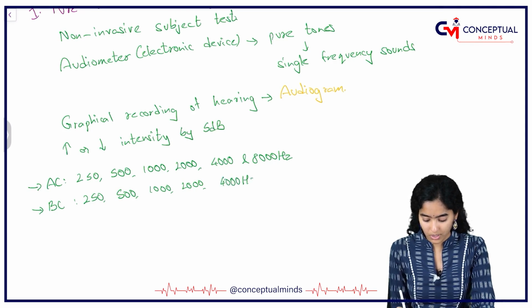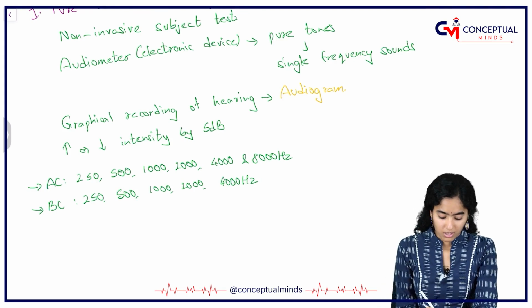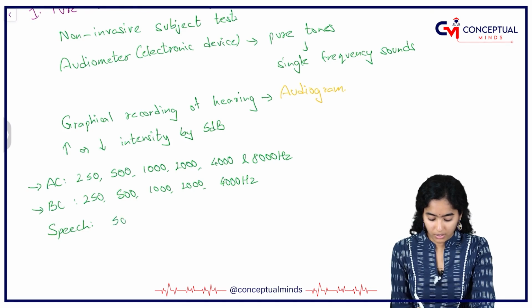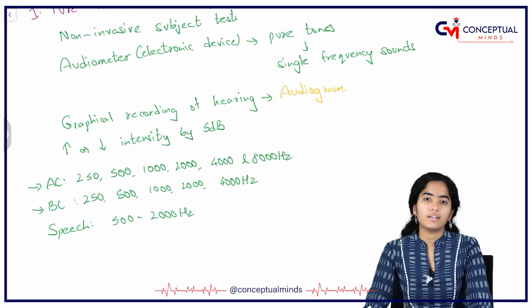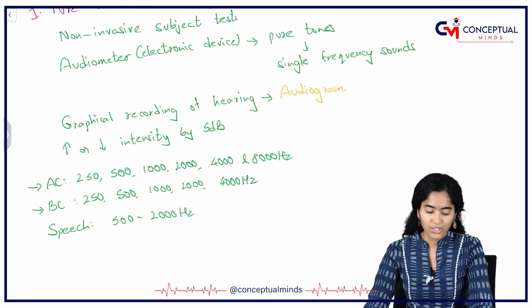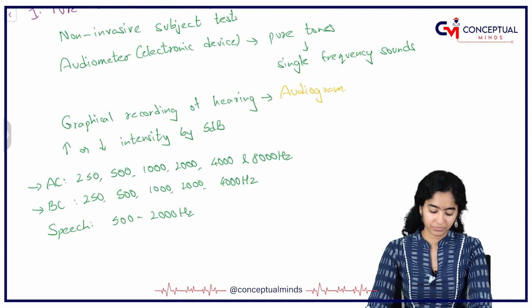We stop at 4000 Hertz. Normally for speech threshold, we check from 500 to 2000 Hertz. Normal hearing threshold is anything between 20 to 20,000 Hertz. But we only check for 500 to 2000, which is the usual speech threshold.